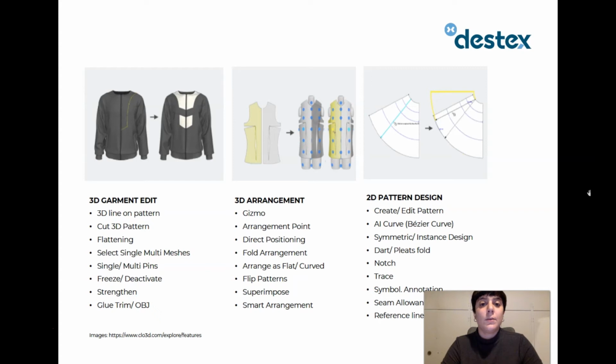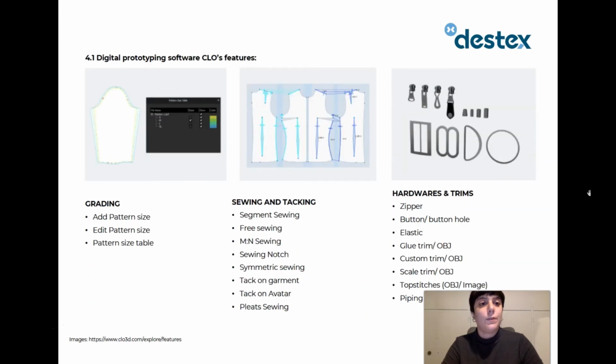The usage can be done not only in 3D but also in 2D, where the user has access to the actual pattern design in 2D, where he can edit as many features as he would edit by himself on paper.